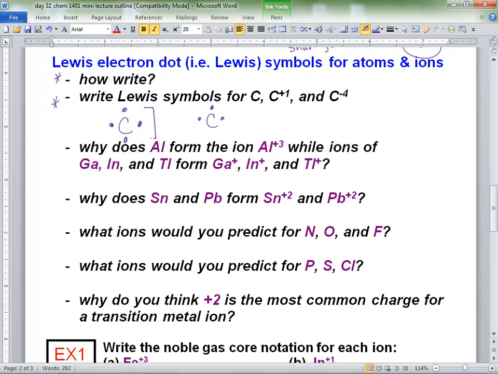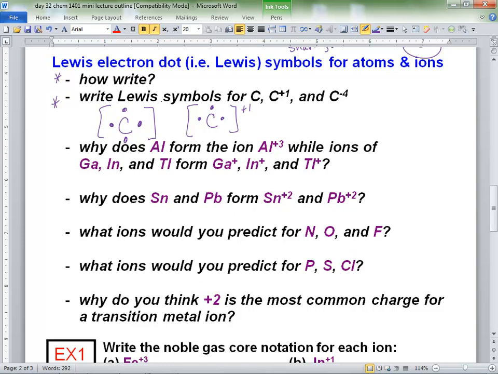It'd be nice if we did stuff like this and wrote charges all the time, because it's supposed to have 4, so it has 0. All the electrons match the number of protons, so it has 0. You take 1 electron away, you're short 1, so you have an overall +1 charge. But they never write the zeros, right? But they do expect you to write the brackets and charges if it's not 0.